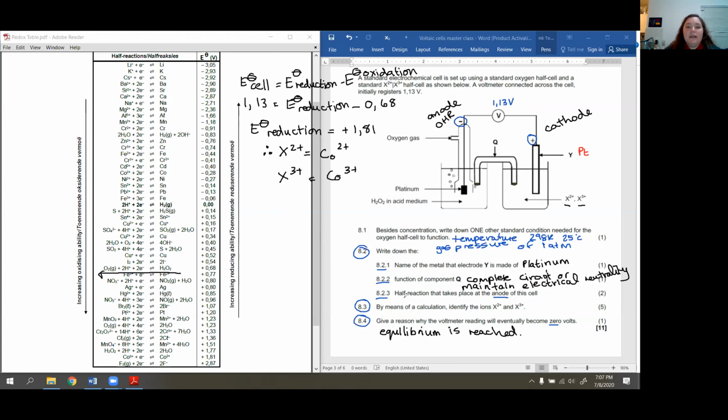All right. Ooh, I left off a question. I'm going to have to quickly fill it in. The half reaction that takes place at the anode is my oxidation half reaction over there, where oxygen reacts with H2O2 in an acidic medium. As soon as they say acidic medium, you need H+ as part of it. So if I look over here, H2O2, H+, and O2 are all there. Also, because this is at my anode, I know that I must read it as an oxidation half reaction.